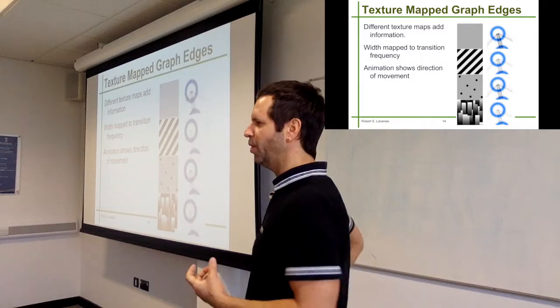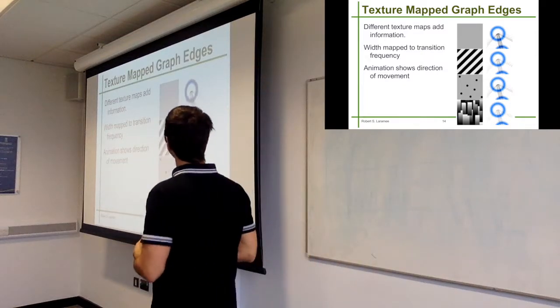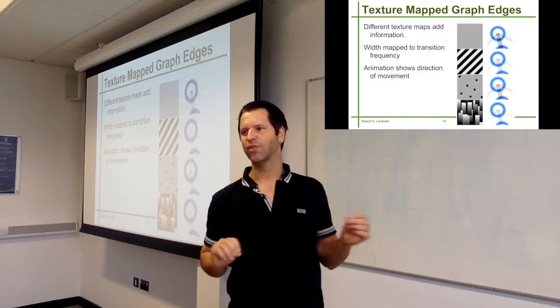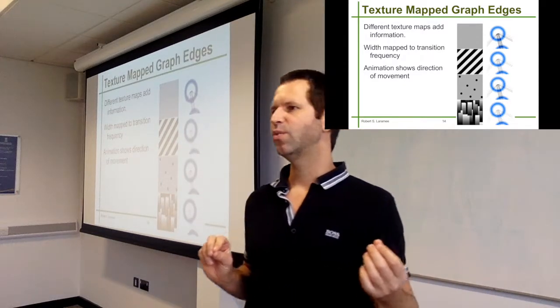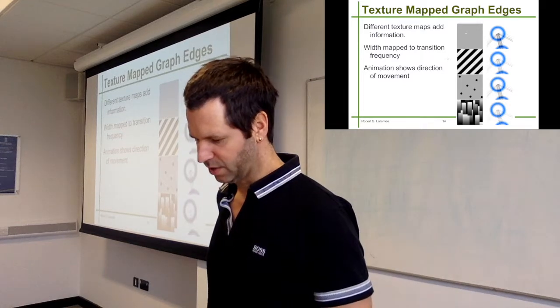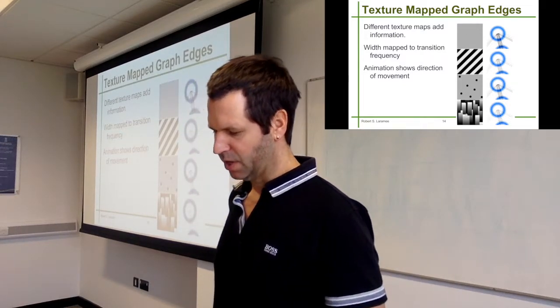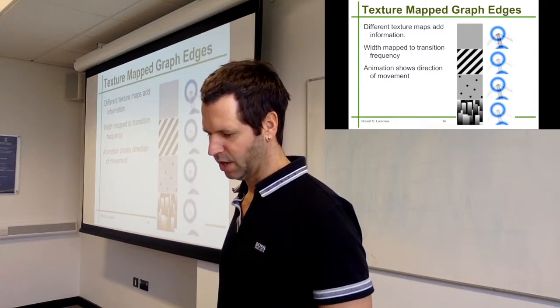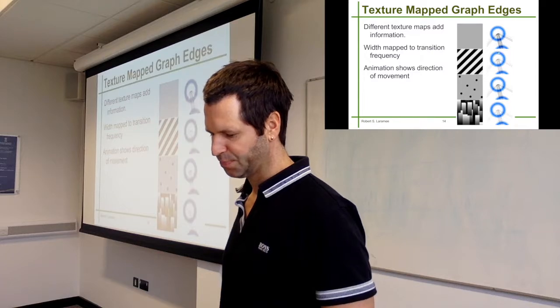We can also enhance the edges with other properties besides just curvature or straight. We can apply texture to the edges. So these are different patterns of texture, and here's what they look like when they're mapped to the edges.